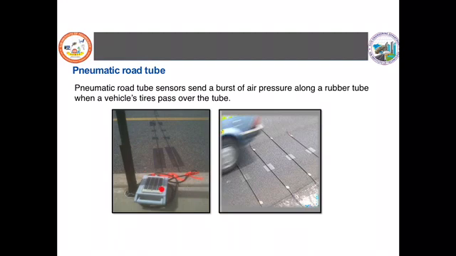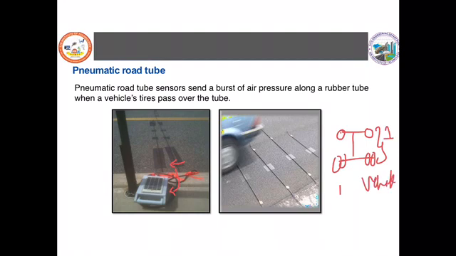Now what happens when the vehicle passes the first pneumatic tube? In any vehicle, the wheel configuration has front wheels and rear wheels. When the front two wheels pass the first pneumatic tube, it sends a signal that one vehicle has passed.